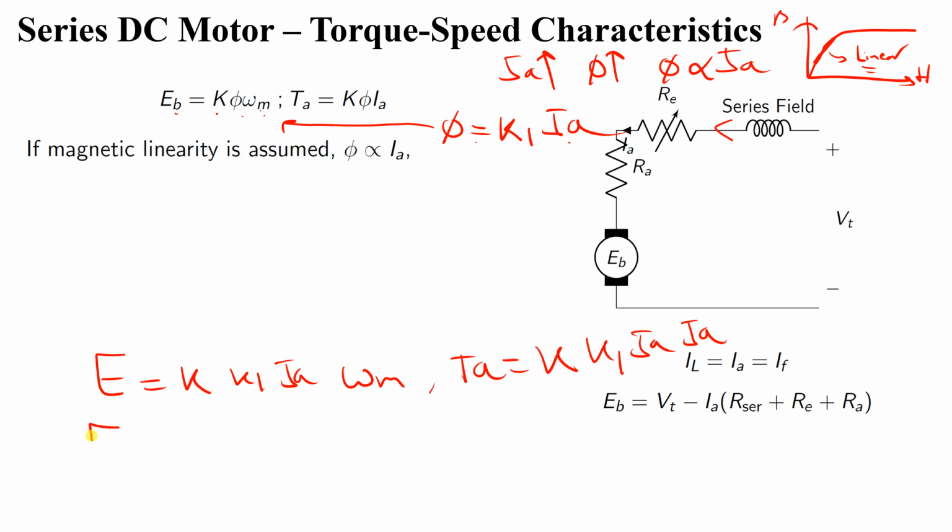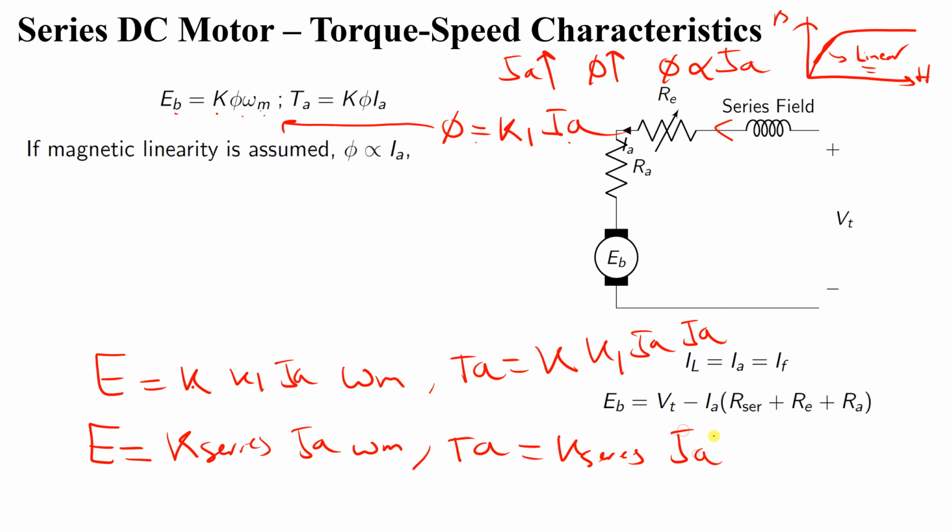So it will give us E equal to, you can see we have a constant multiplied by another constant, so I will say that it is K series, any constant, times IA omega M, and the torque will be the same constant, K series, IA squared, right? So K series IA omega and K series IA squared.